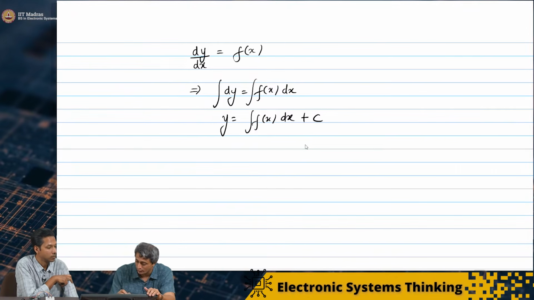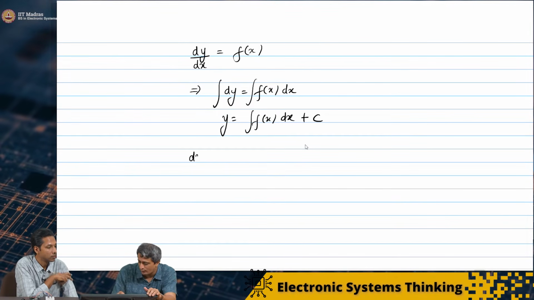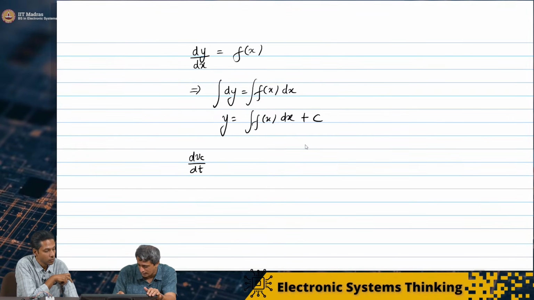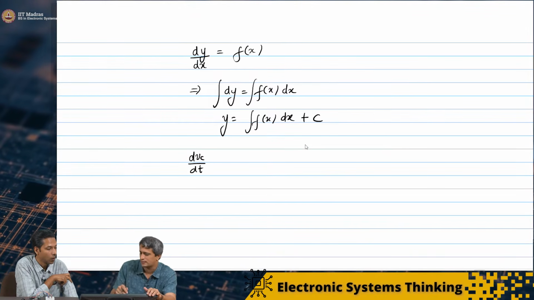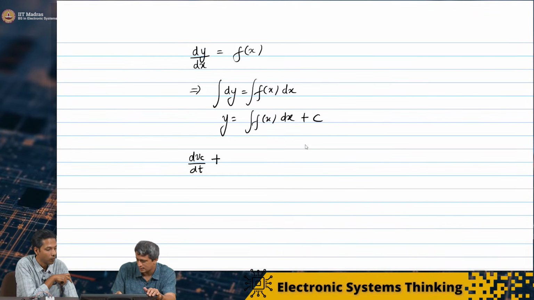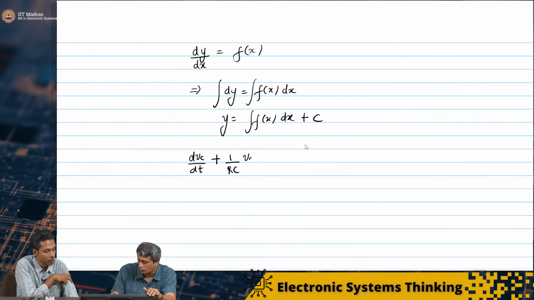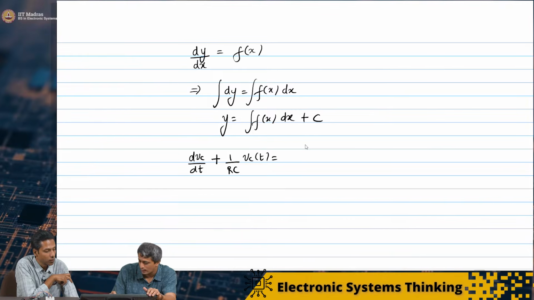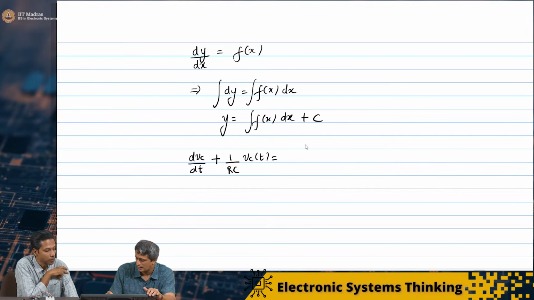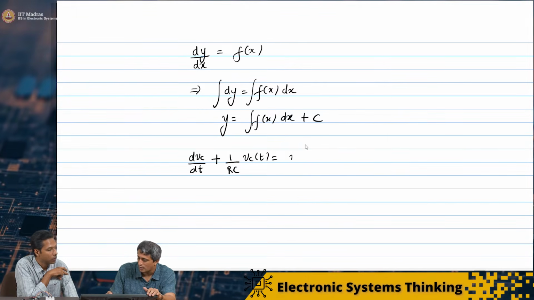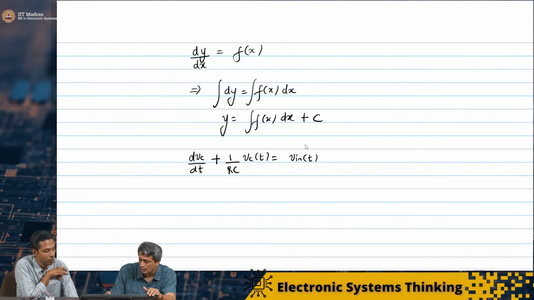So what is the differential equation we have? We have dVc by dt. Actually the t is x here, that's the independent variable. Plus 1 by RC into Vc of t. I'm just dividing by RC. Equals V in of t by RC.